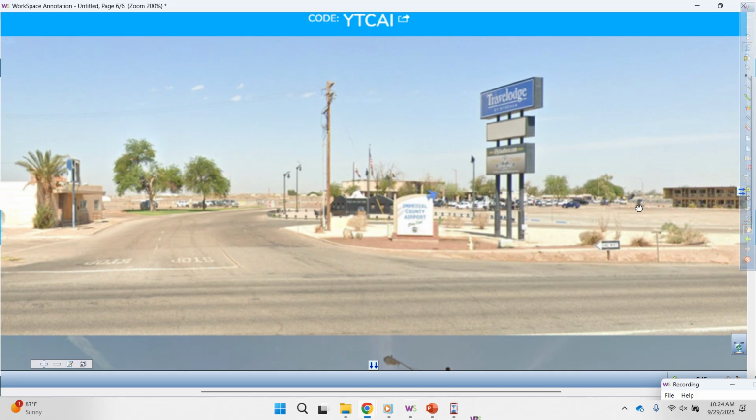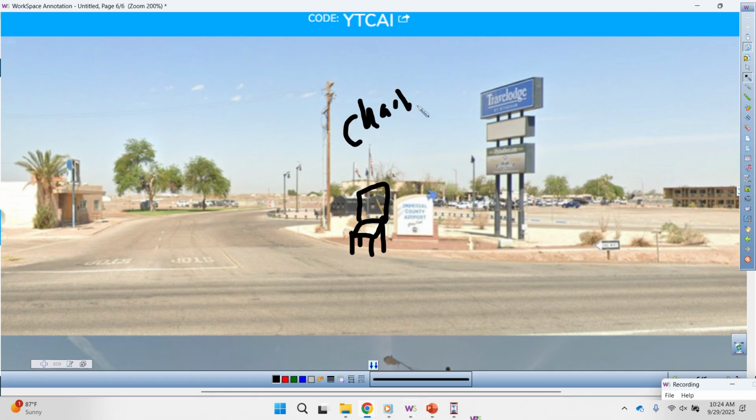I made a plan. I planned to take my chair. However, this time, I brought a friend with me.